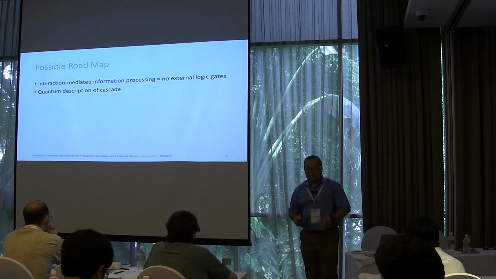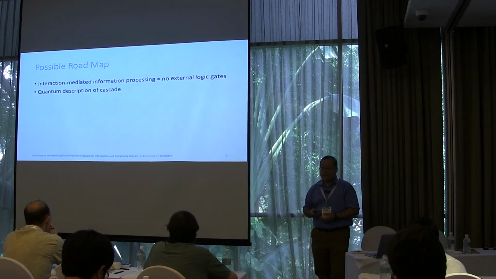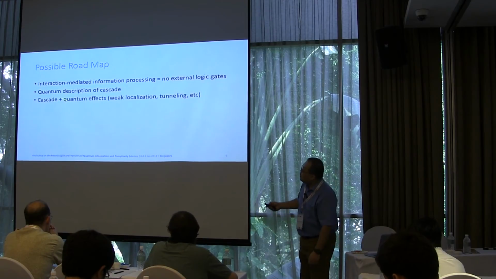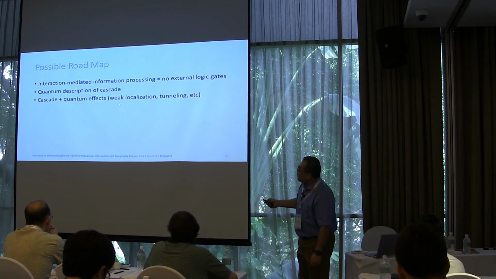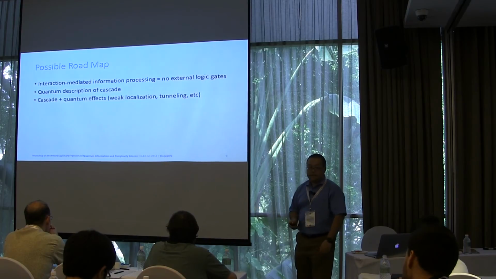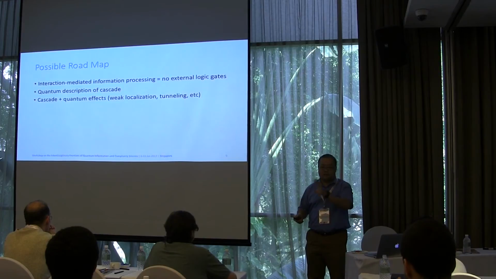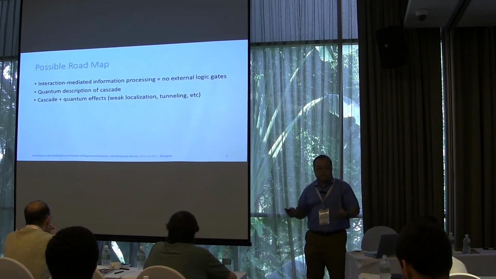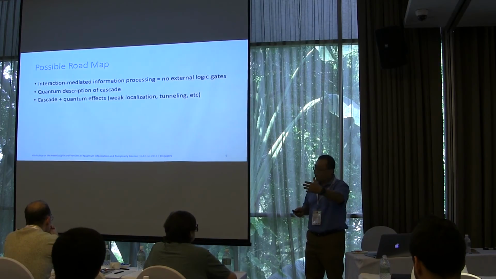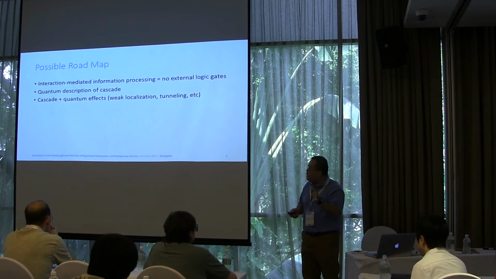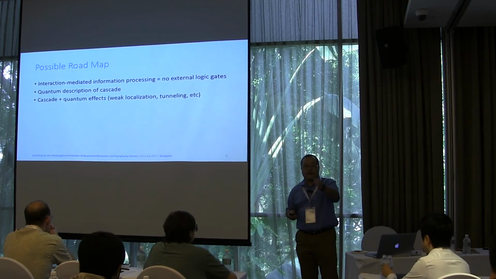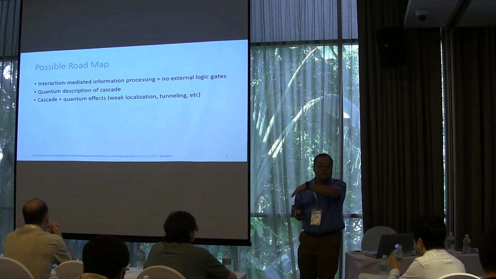Importantly, we must be able to come up with a quantum description of the cascade. And the cascade plus the quantum effects may lead to weak localization. And of course, one phenomenon that is possible in quantum mechanics that is not possible classically would be tunneling. So you may have an information cascade that goes on one path and then tunnels over to the other branch.